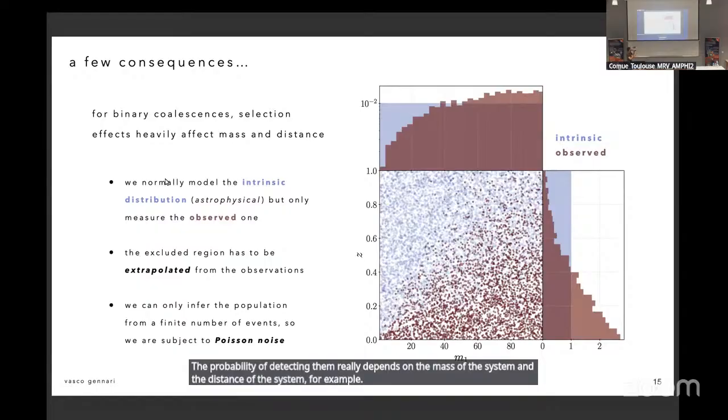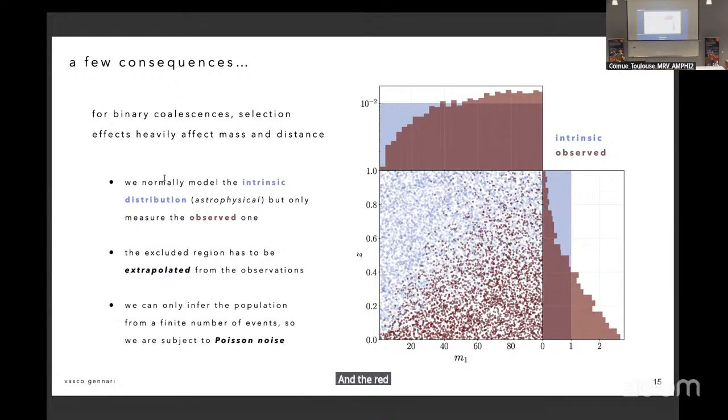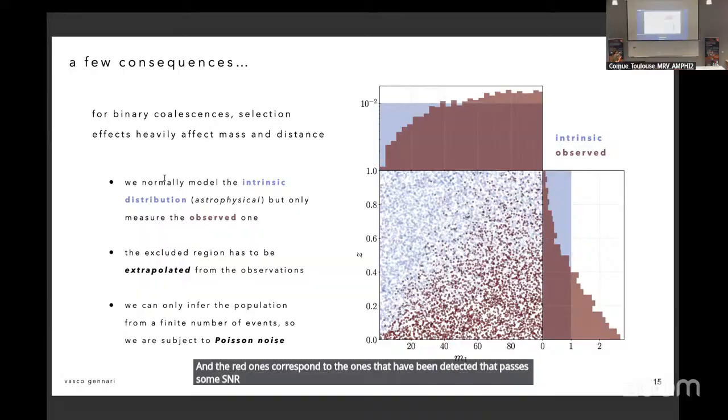This is represented here in this plot, in which I just generated events from a flat distribution in the primary mass and in redshift, which is the blue curve that you see here. And the red ones correspond to the ones that have been detected, that pass some SNR threshold, at 4 sensitivities.